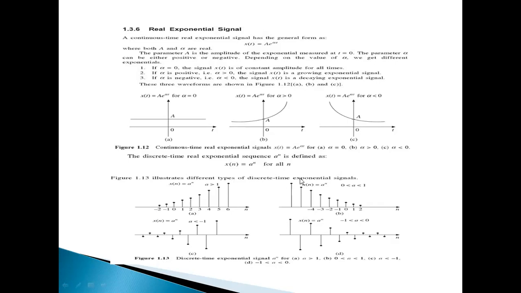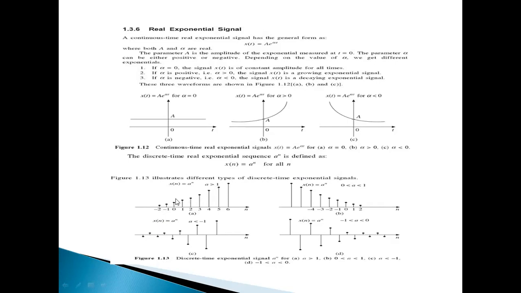Exponentially rising for a greater than 1, the positive values, and exponentially decaying for the same function x of n equal to a power n, where you can take 0 less than a less than 1. Okay, my dear students, this is for positive values. For the negative values, a is less than minus 1. Okay.